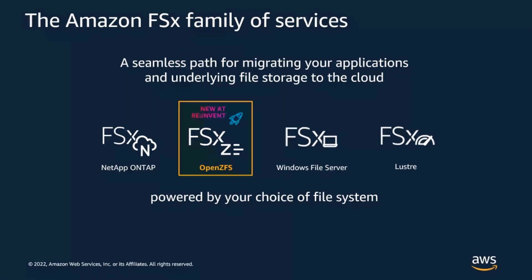So we have 3 scale-up file systems: FSx for NetApp ONTAP, FSx for OpenZFS that we're talking about today, and FSx for Windows File Server. And we have 1 scale-out or parallel offering called FSx for Lustre. And combined, these enable you to launch, run, and scale feature-rich, high-performance, cost-effective, and fully managed file storage. And it enables you to accelerate your cloud adoption for virtually any Linux, Windows, or Mac-based workload.